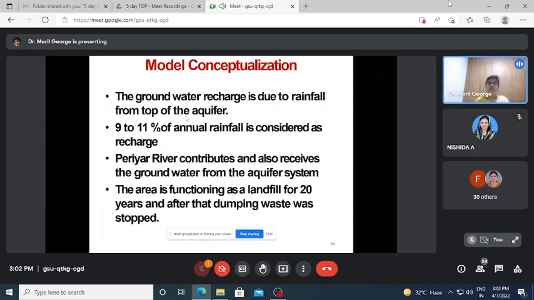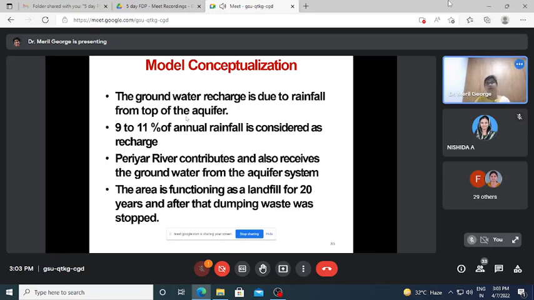And the conceptualization of the model was done using the following information, that is the groundwater recharge. It was due to the rainfall from the top of that aquifer, and about 9 to 11% of annual rainfall is considered as recharge, and the Periyar contributes to and also receives groundwater from the aquifer system, and the area was functioning as a landfill for 20 years, and after that the dumping of waste in that area was stopped.